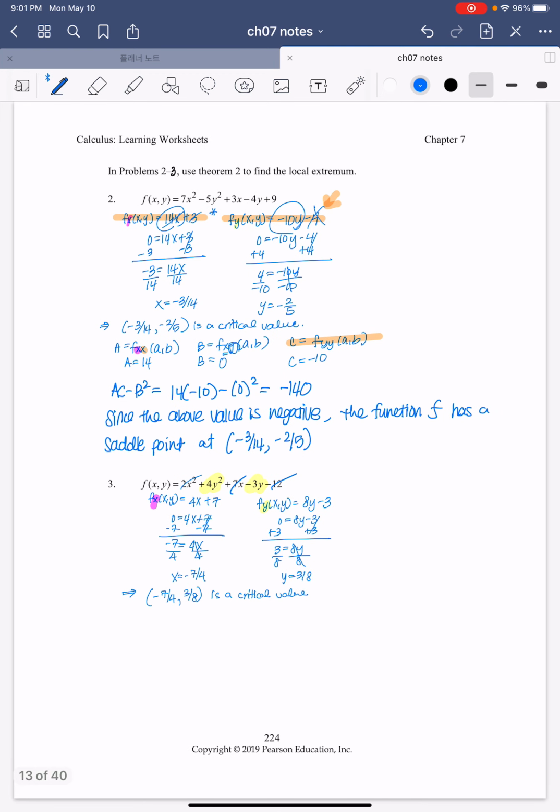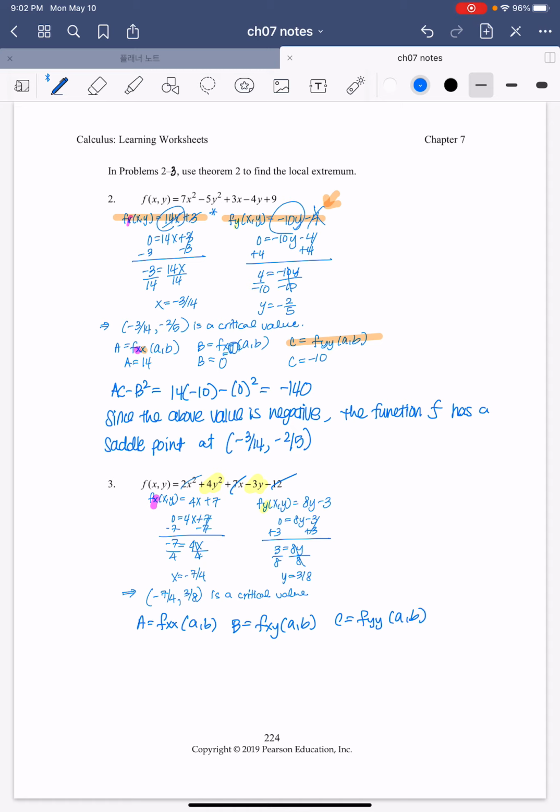So a is defined as f of xx, a comma b, and then b is f of xy, a comma b, and then c is f of yy, a comma b.